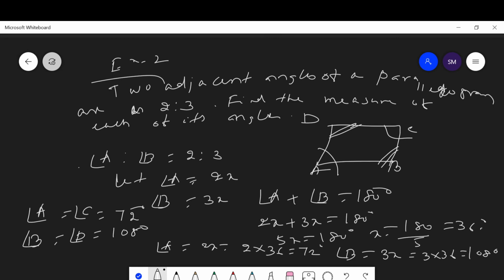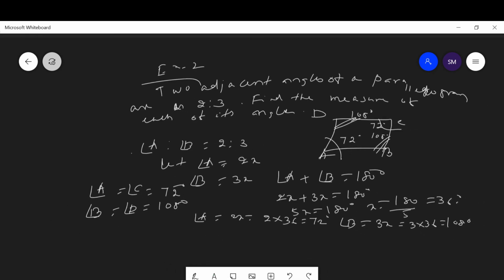This means all these four angles are 72 degrees, 108 degrees, 72 degrees, 108 degrees.